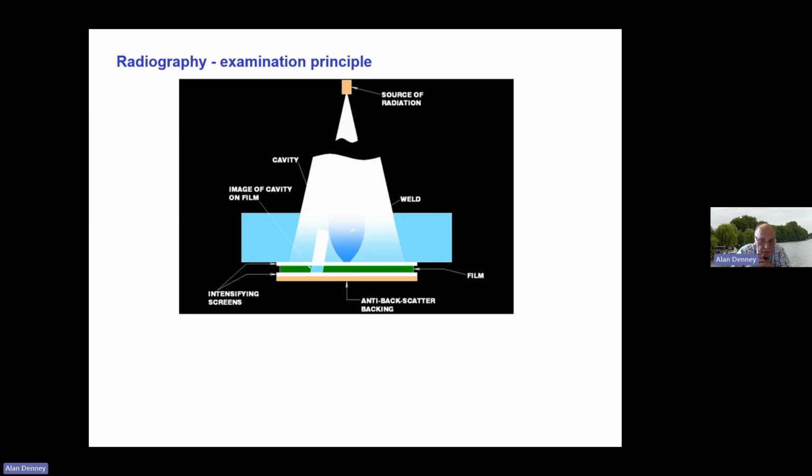But what you've also got is reflected X-rays or reflected beams being scattered around in there. And you have this anti-backscatter backing, which will absorb some of those to improve the definition of the image.